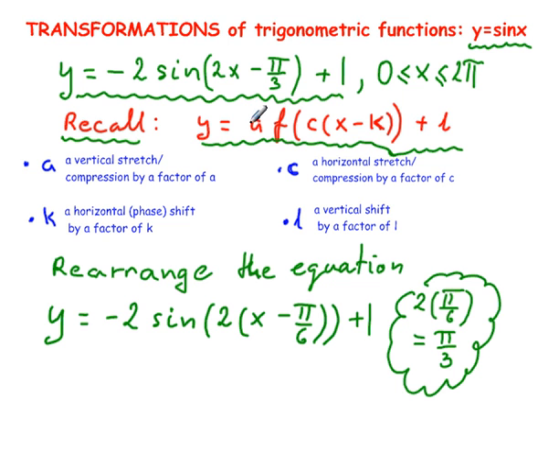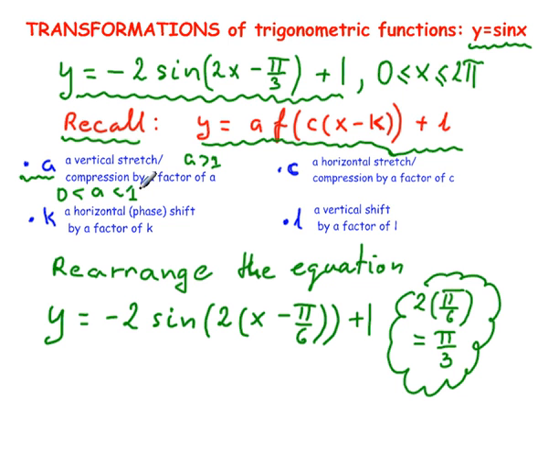Coefficient A, whatever you see in front of the graph, represents vertical stretch or compression. How do we know whether you stretch? When A is greater than 1, you expect the graph to be stretched vertically. Compression occurs for the values of A that are between 0 and 1.